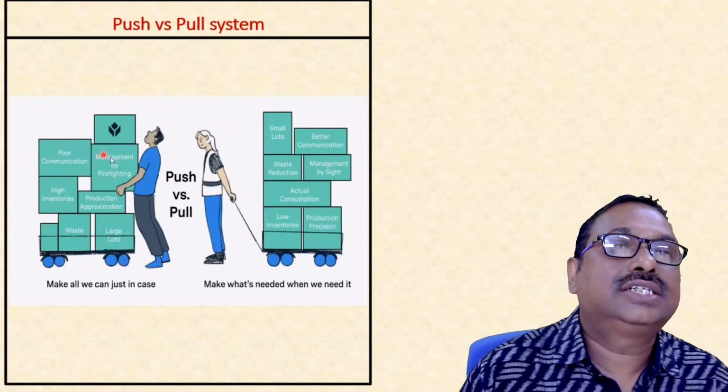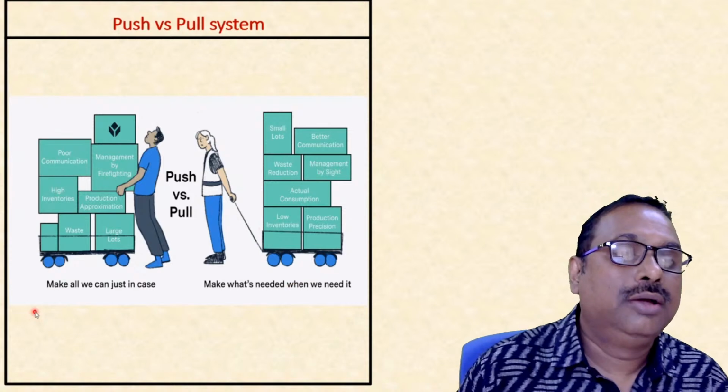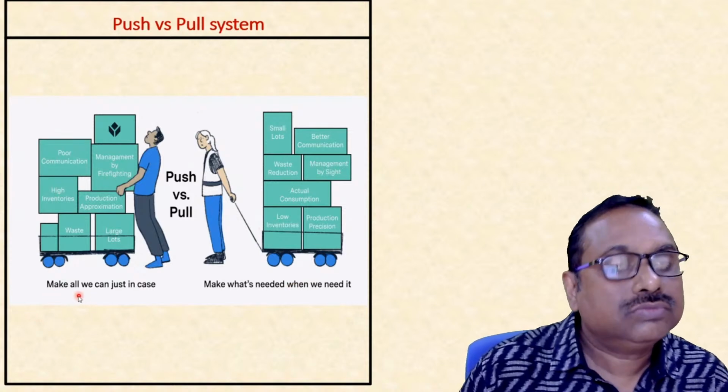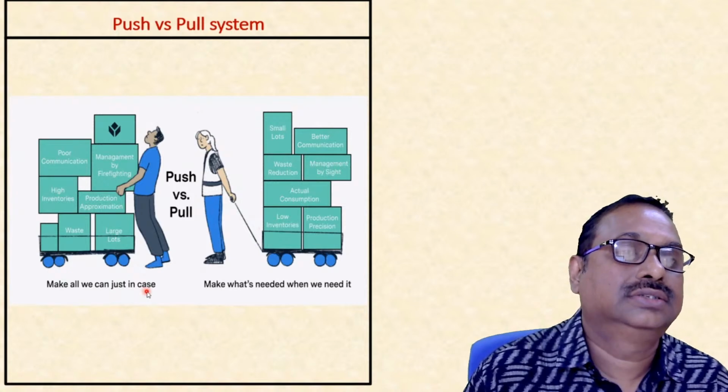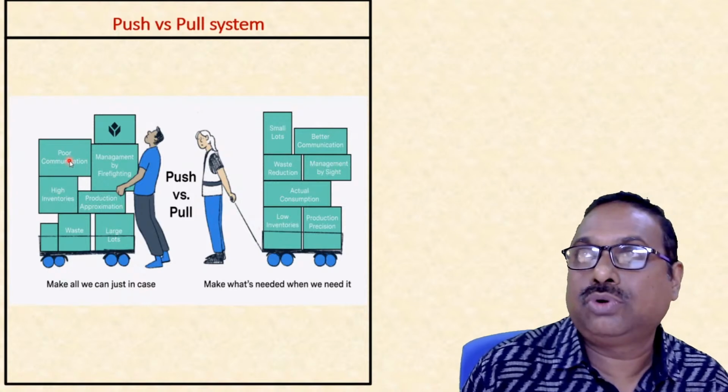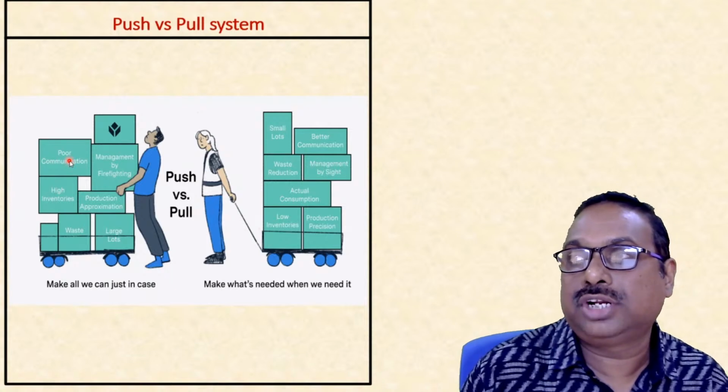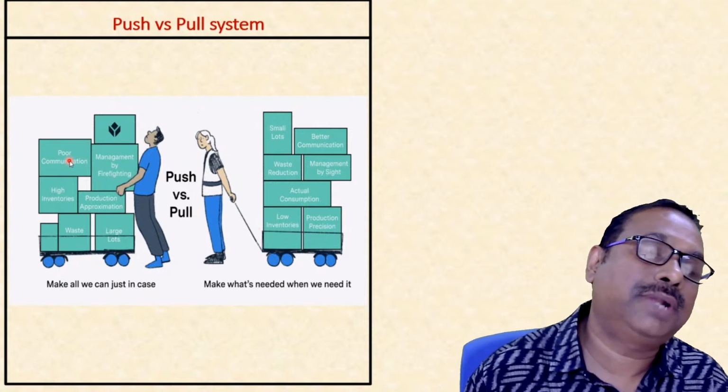If you see the characteristics of push and pull, push is make all, just in case. Here communication is poor because you don't know the feedback, you forecast and you supply.